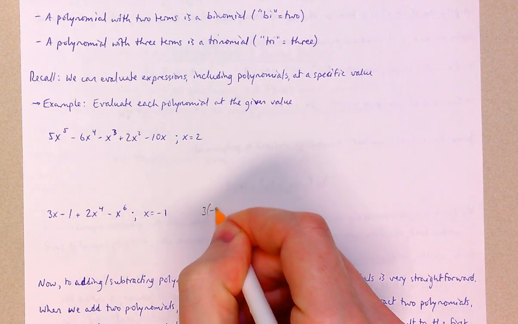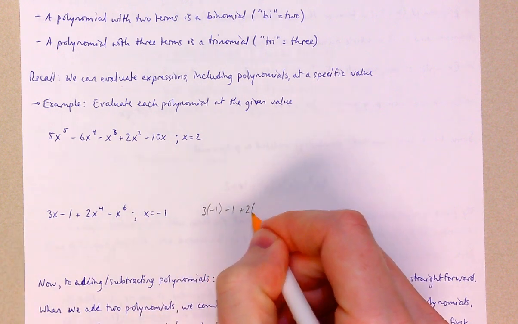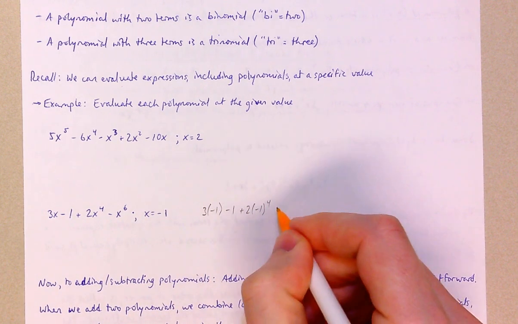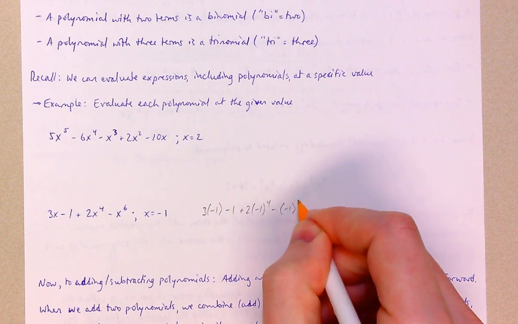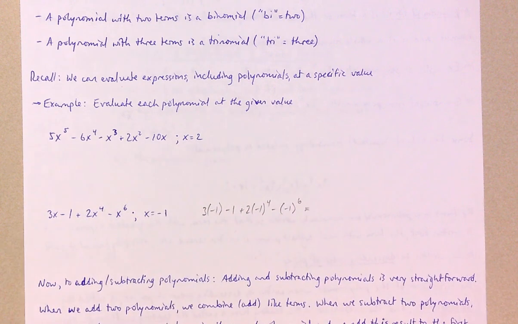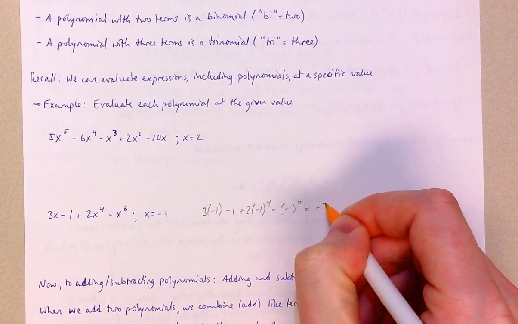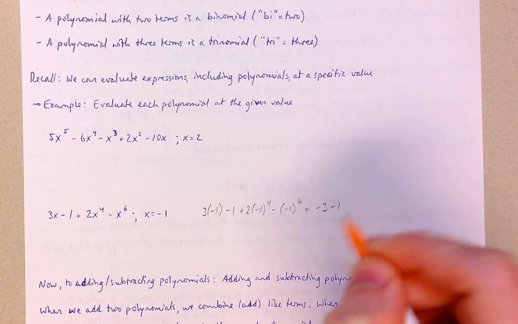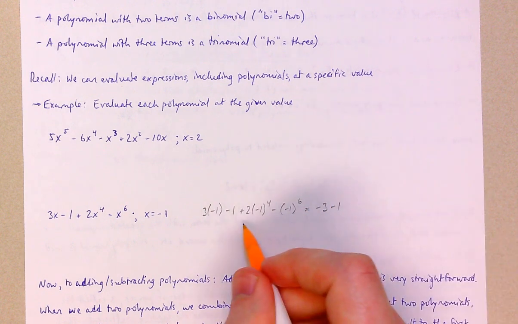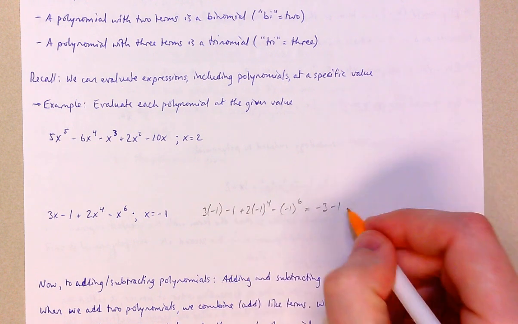So I have 3 times negative 1 minus 1 plus 2 times negative 1 to the 4th minus negative 1 to the 6th. And you guys can use order of operations, or you can utilize your calculators. 3 times negative 1 is negative 3 minus 1 plus 2 times negative 1 to the 4th is going to give you a positive 1.